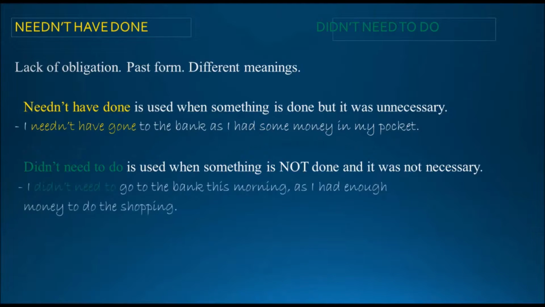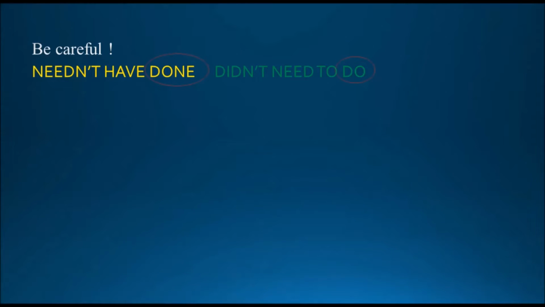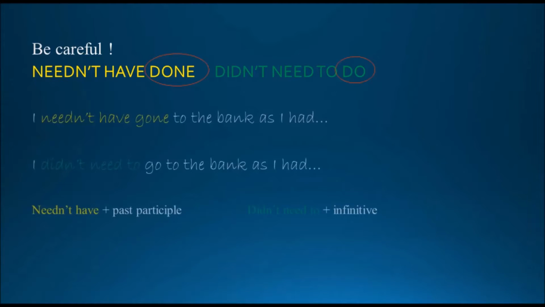I didn't need to go to the bank this morning as I had enough money to do the shopping. Now, take a look. If you use needn't have done, you have to put the verb in past participle. But if you use didn't need to, the verb stays in infinitive.